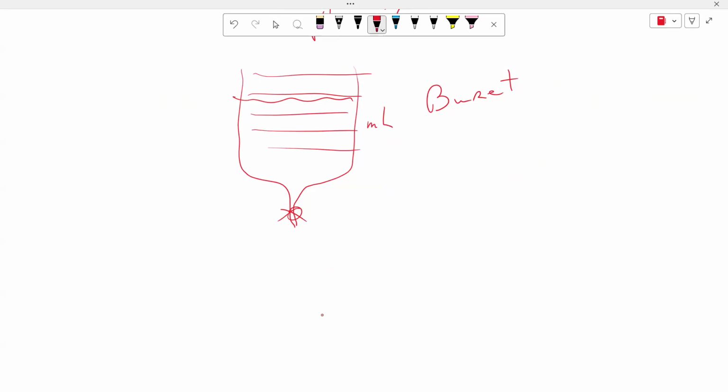And that is called a burette, or some of my students pronounce it beret. And its purpose is to deliver a certain volume of liquid. Now, in the case of our lab, that liquid is going to be sodium hydroxide.